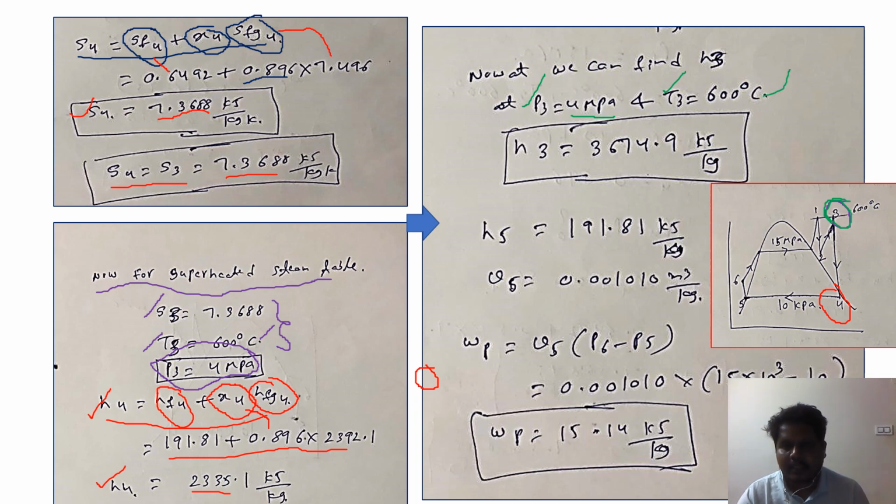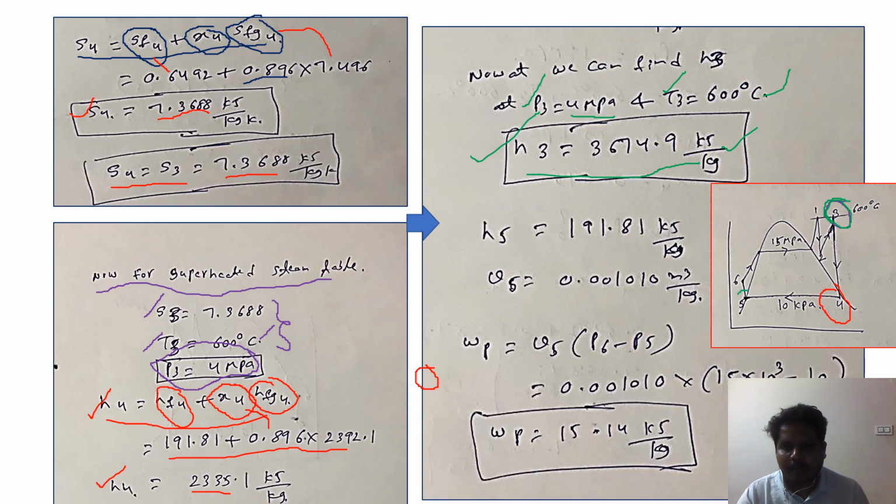If you look at the superheated steam table, at 600 degrees centigrade and pressure 4 megapascal, the H3 value is 3674.9 kilojoule per kg, which I have taken from the superheated steam table because the point 3 is in the superheated region.